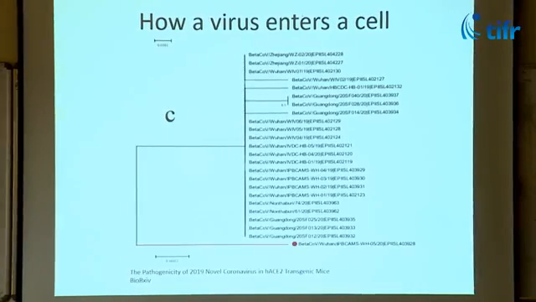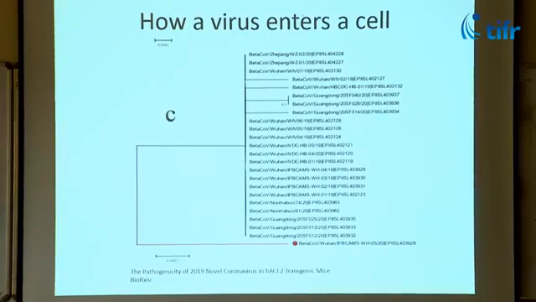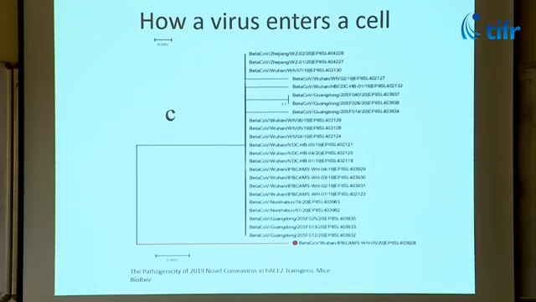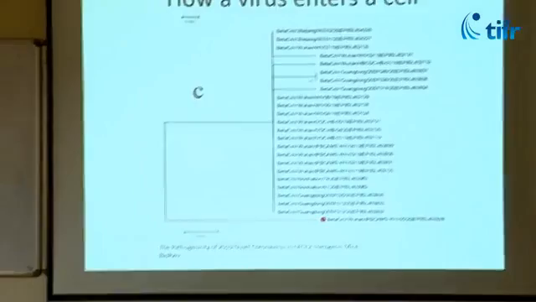So, assuming that mutations are random, if a mutation is going to give a virus a better chance of survival, it could also happen the other way. Sure, of course.